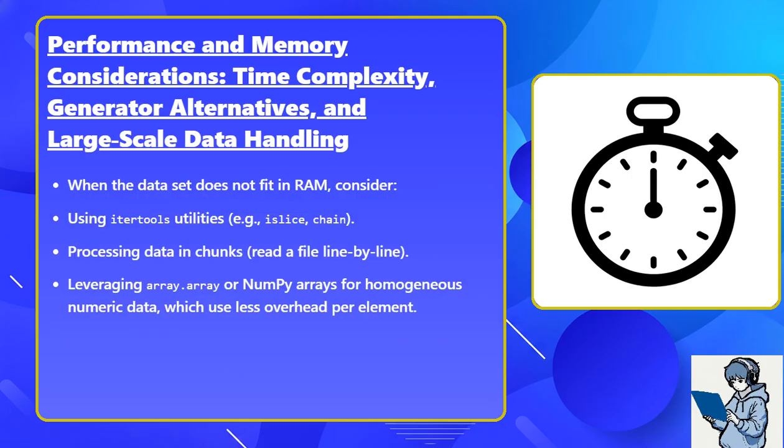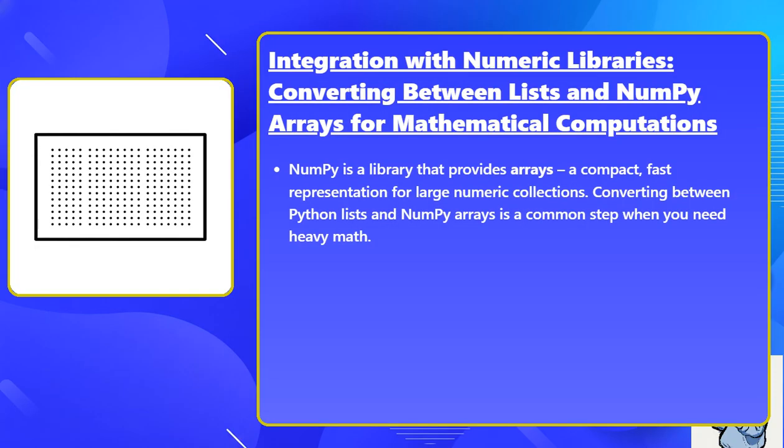When the dataset does not fit in RAM, consider using itertools utilities such as islice or chain, processing data in chunks by reading a file line by line, and leveraging array.array or NumPy arrays for homogeneous numeric data, which use less overhead per element. NumPy is a library that provides arrays, a compact, fast representation for large numeric collections.